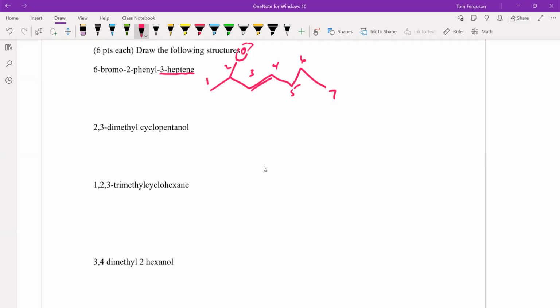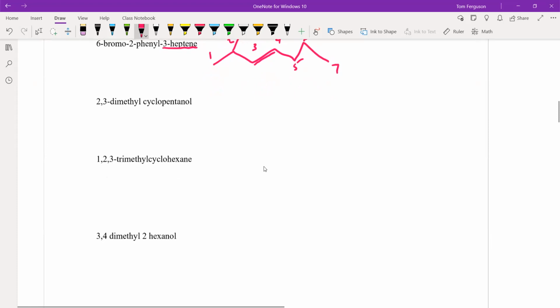And carbon number 6 is a bromo group. So start with the backbone and look at the functional group, then throw any branches in that need to be added.